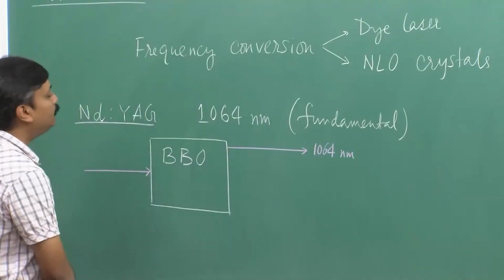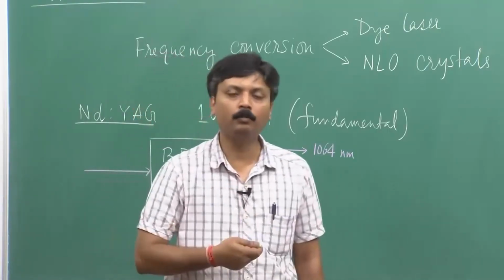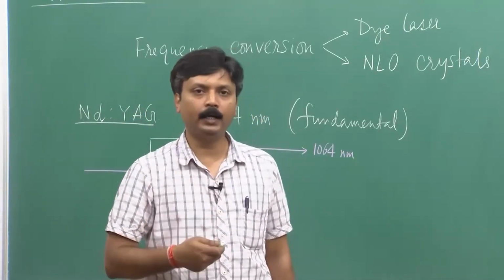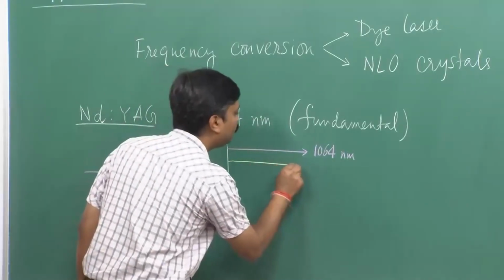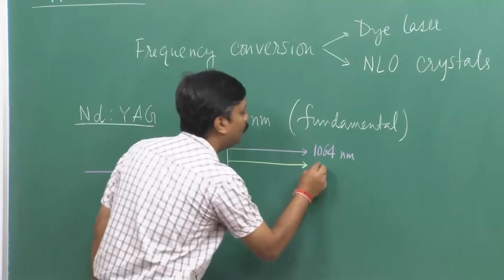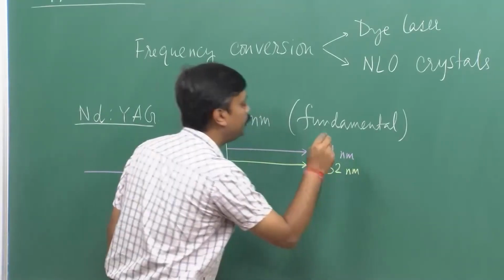But there were several other wavelengths, and the wavelengths which come out of this crystal are not arbitrary. One main wavelength that came out was at 532 nanometer.